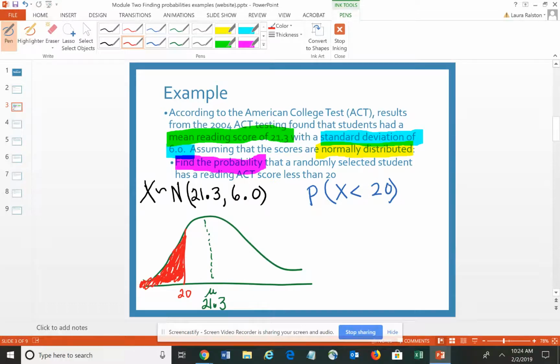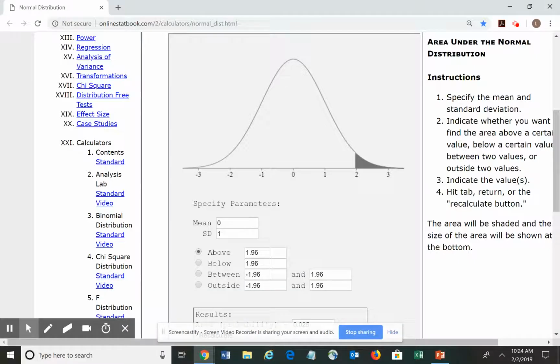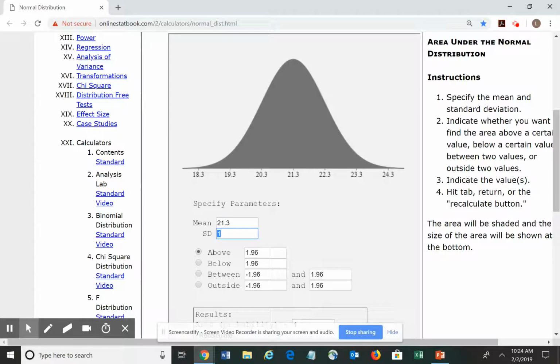So I'm going to go out to the website now. And you have to enter the mean, which was given to us in the problem as 21.3. You have to enter the standard deviation, which was 6.0. And then we wanted to be less than. Less than implies we're below.